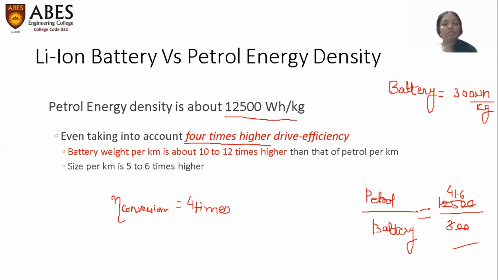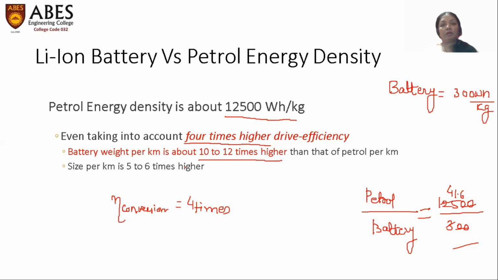Then also the weight of battery per kilometer required would be 10 to 12 times higher than the corresponding weight of petrol. Suppose a vehicle has to go for 100 kilometers, and the mileage of the vehicle is 15 kilometer per liter.